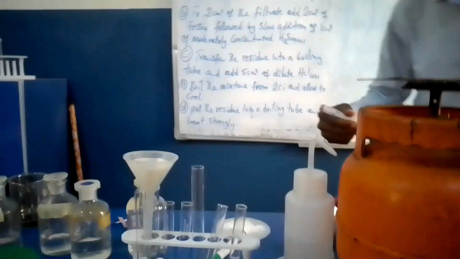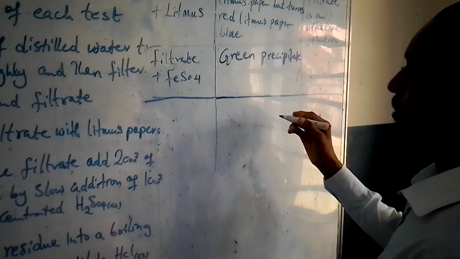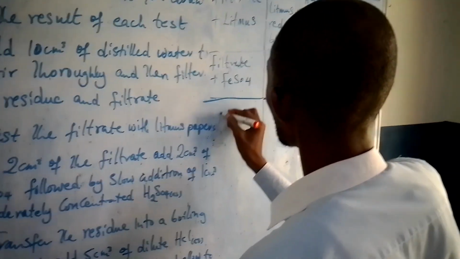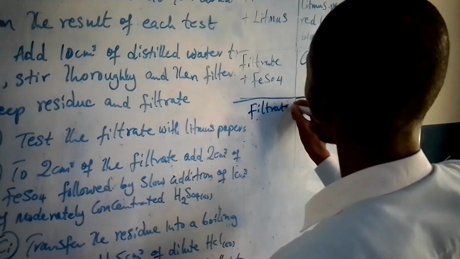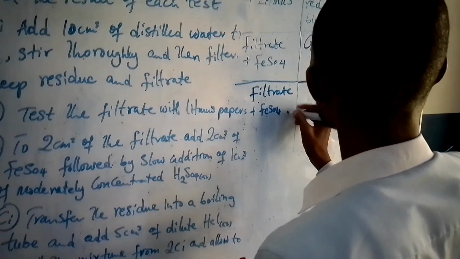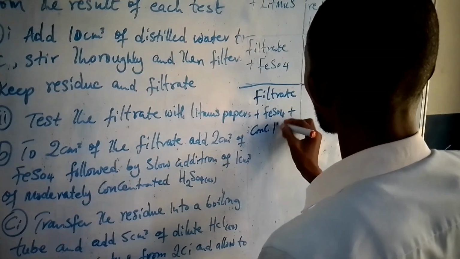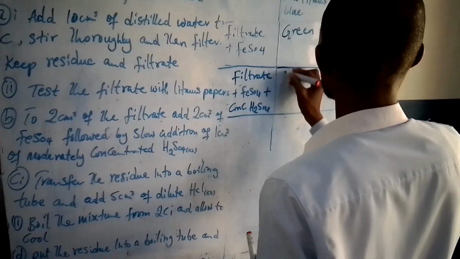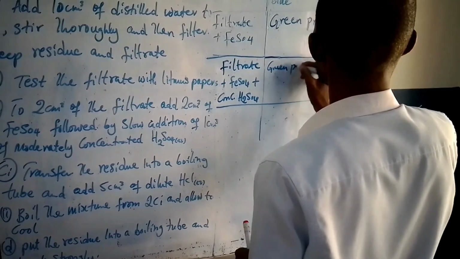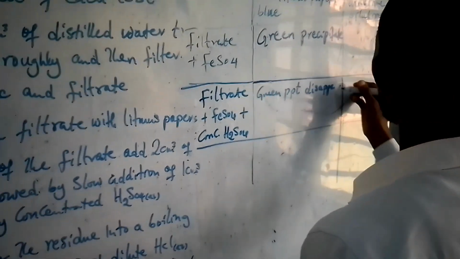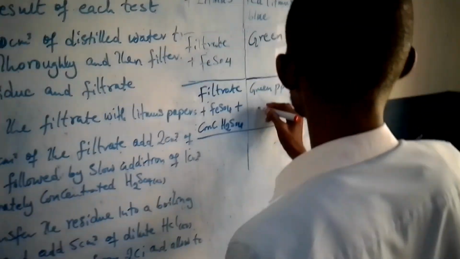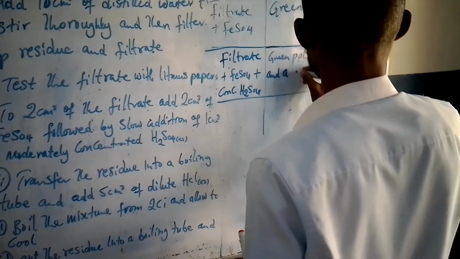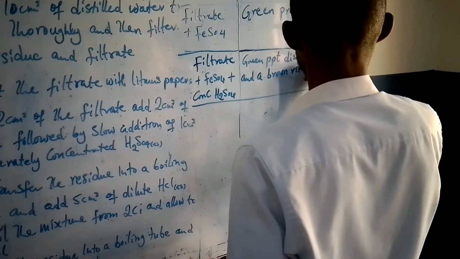Alright, let us write our report now. So the conclusion: green precipitate formed, then filtrate plus iron 2 plus concentrated H2SO4, the green PPT disappeared, and a brown ring formed.